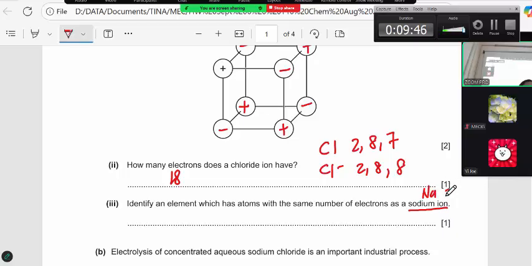Sodium is 2,8,1. Sodium ion is 2,8. Okay, you read the question: identify an element. So who is 2,8? Get it?